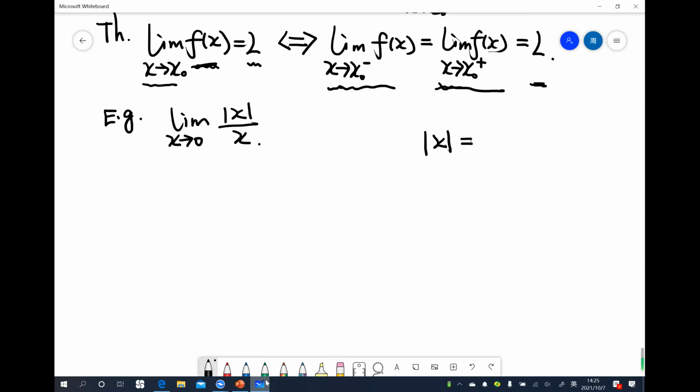And that equals x if x is larger than 0, and if x is smaller than 0, that is minus x, right? Remember that? Okay.